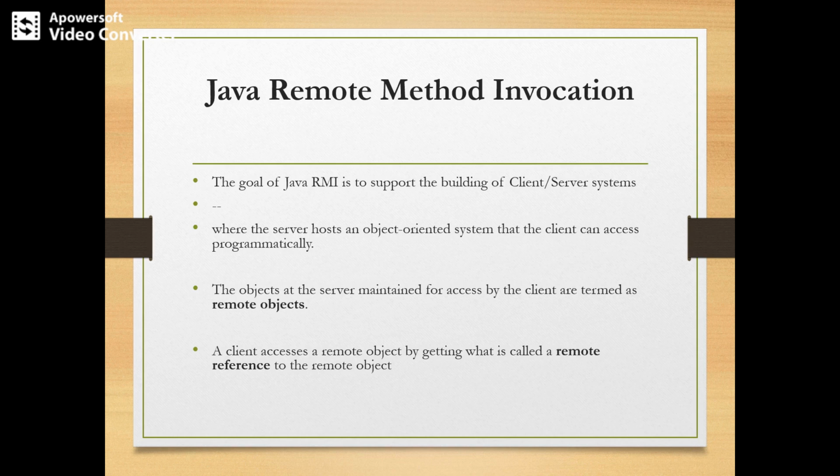Now the second point is to implement the remote interfaces. Whenever we implement remote interfaces via remote classes, this is a main consideration point of Java RMI. We know that we are going to implement interfaces, but how we implement them, whether by creating an abstract class or a subclass, matters.